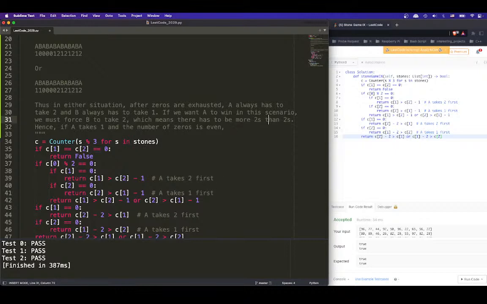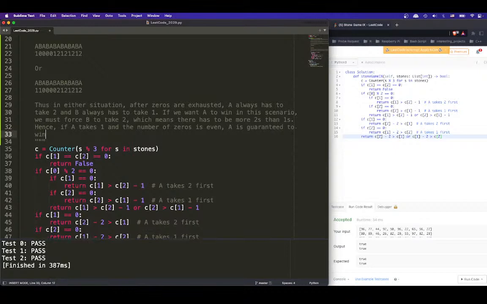Yeah. A is guaranteed to win if there are more 2s than 1s minus 1. Right?